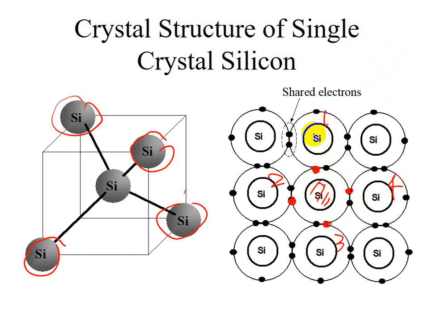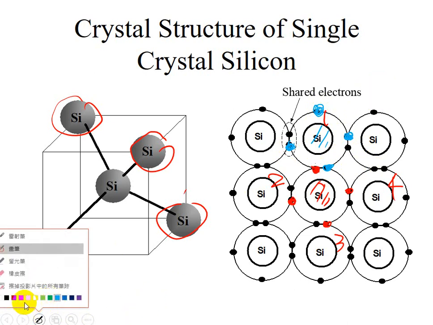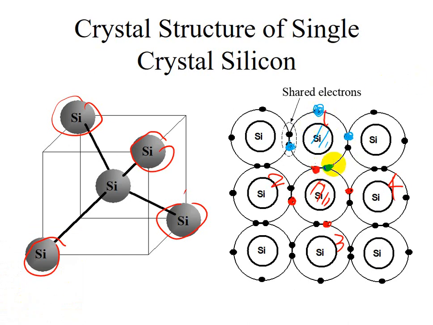This electron has 4 outermost shell electrons, and then it will share the electron with the center silicon atom.